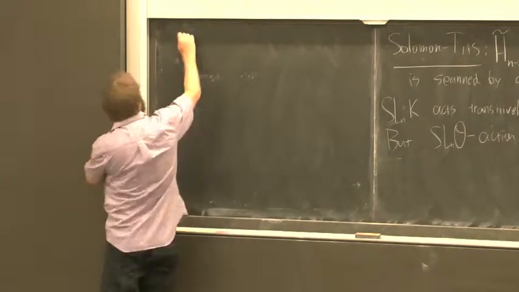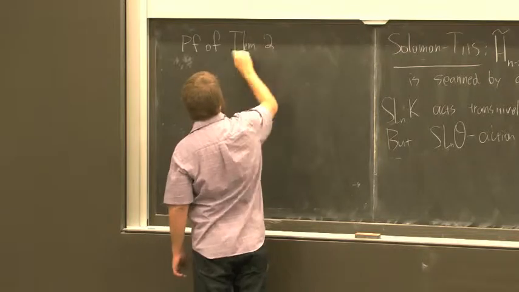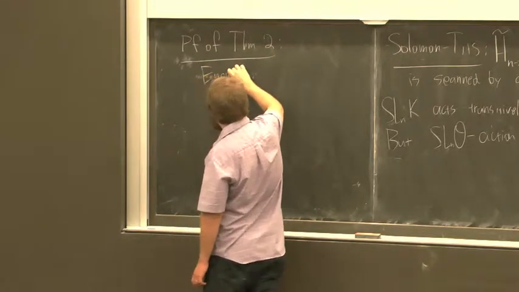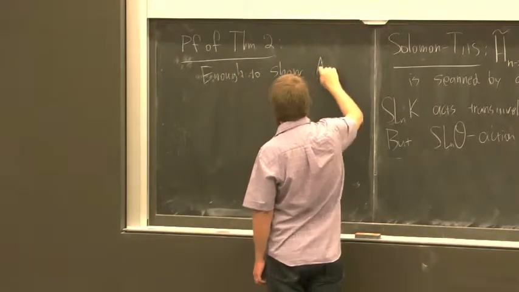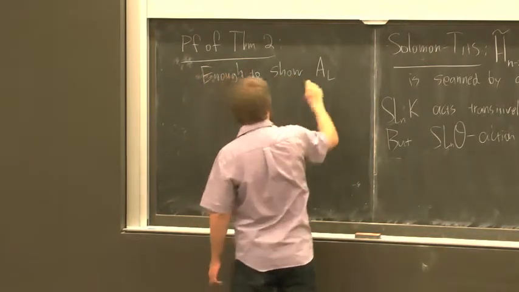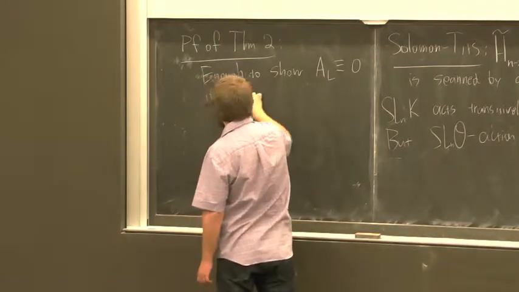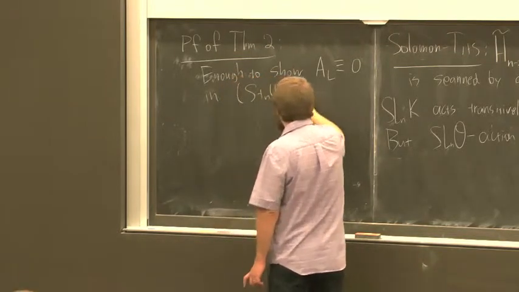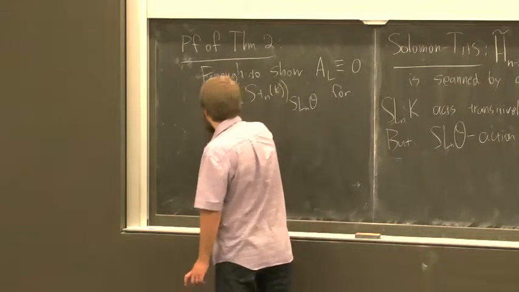So let me close by showing why this theorem implies Theorem 2. So here is the proof of Theorem 2. It's enough to show that A_L is equal to 0 in the coinvariants St_n(K)_{SL_n(O)} for an integral apartment.